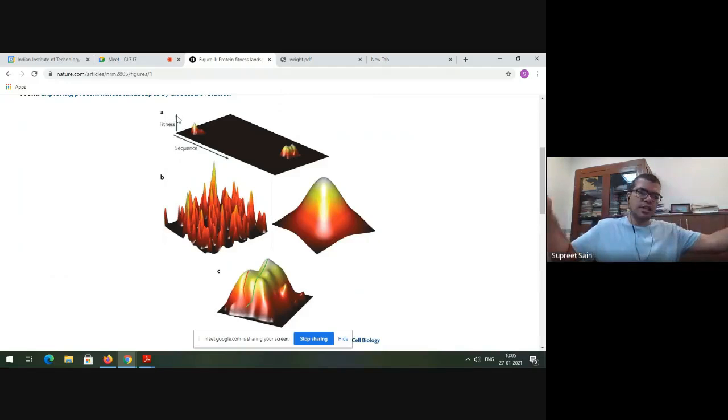The sequence she's interested in is not the sequence of an organism, but of one particular gene. So the sequence space is not of the order of millions, but maybe of the order of 1,000. The fitness she's interested in, within that sequence space of 1,000 length, is the enzymatic activity of that particular sequence. Does that make sense?